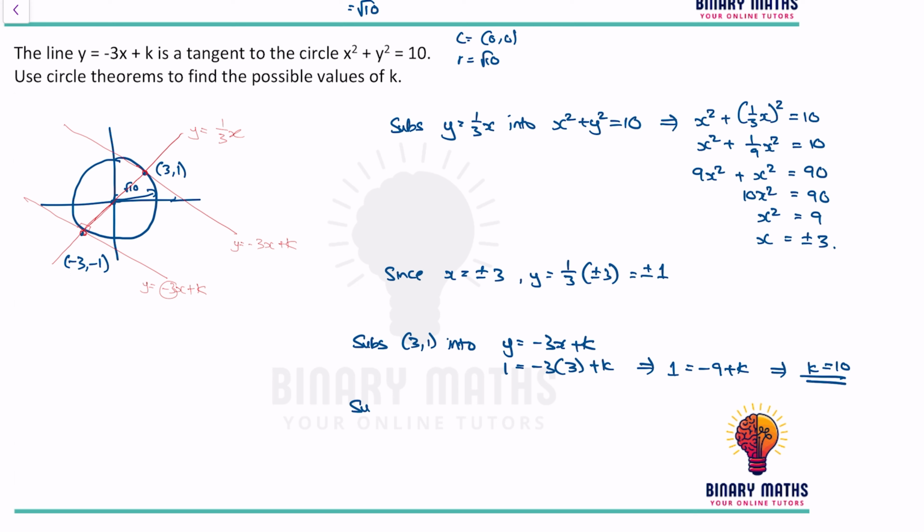If I substitute the other point, (-3, -1), into y = -3x + k, then I end up getting -1 = -3 × -3 + k, which means -1 = 9 + k, which means k = -10. And that's my other solution for k.